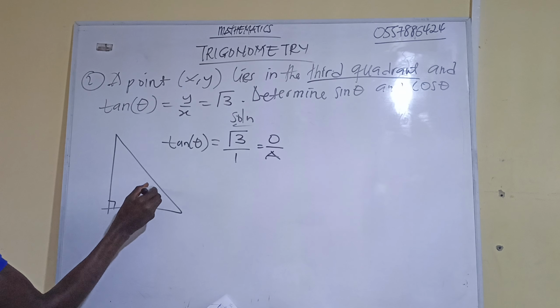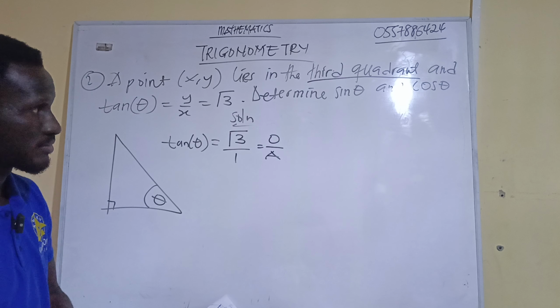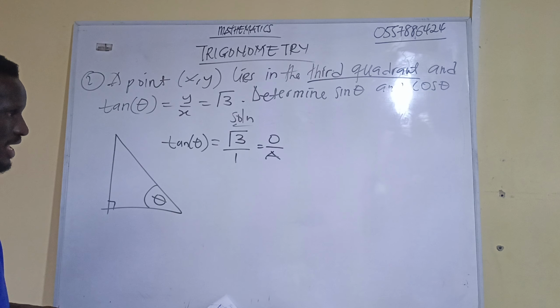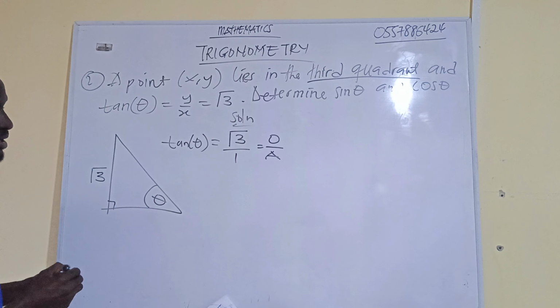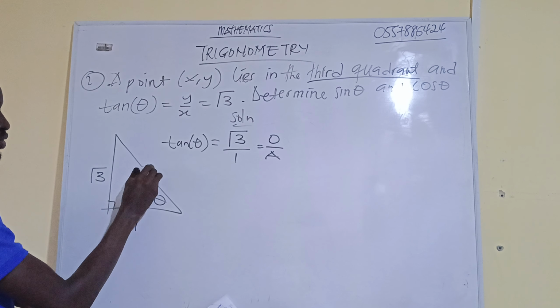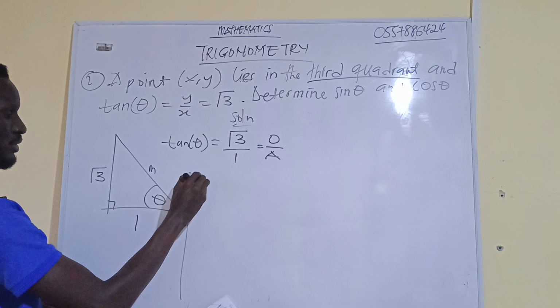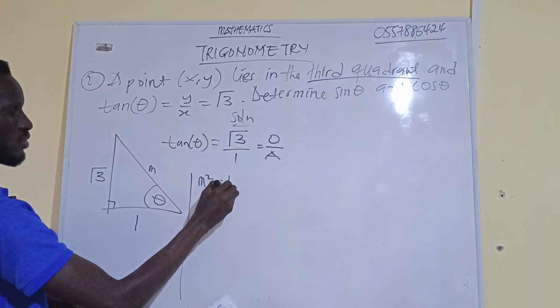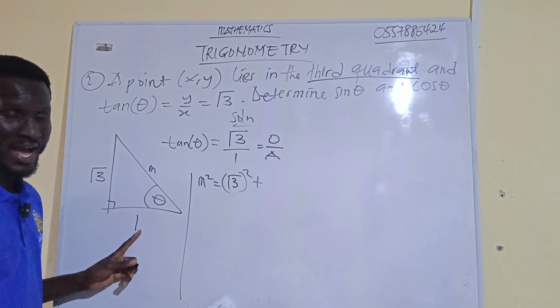So, let me consider the angle theta here. We need to solve for the other side. The angle theta here, the opposite is root 3. The adjacent is 1. Now I need to look for the hypotenuse. Don't forget that the hypotenuse squared is equal to the opposite squared plus adjacent squared.